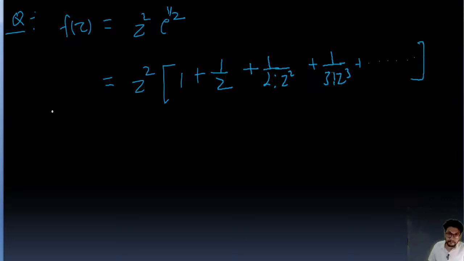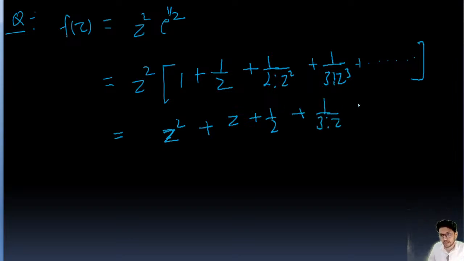Okay, so now we'll multiply this with z square, so this is going to be z square upon z plus 1 upon 2 plus 1 upon 3 factorial z plus so on, right?